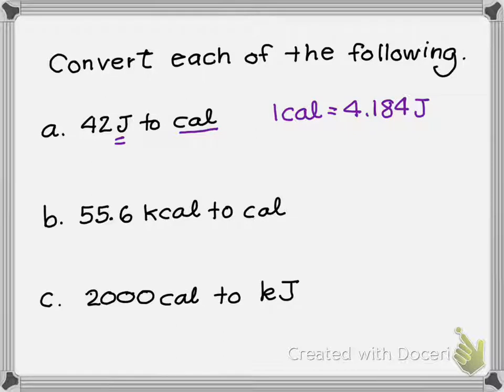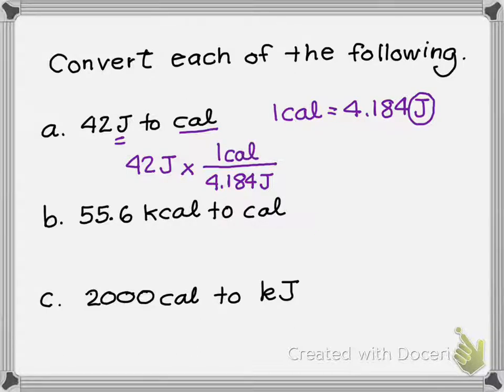So this is a conversion problem like we did in a previous chapter. You write down what you're given, and anytime two things are equal, remember we can write them as a fraction, and we'll put the unit that we're trying to cancel or that we were given on the bottom. So 4.184 joules on the bottom, and then the other side, the 1 calorie on the top.